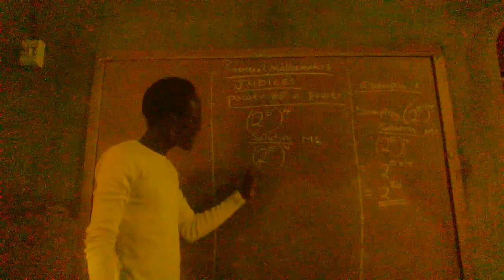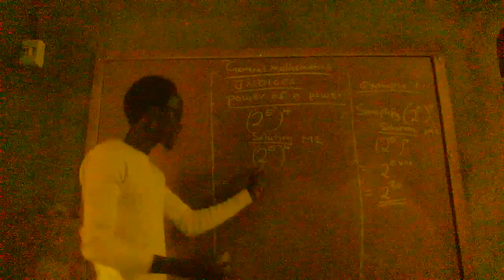Because we have a base which is 2, then we have a power, we also have an outside power, which makes us say power of a power. So now I'm going to multiply the base, which is 2, because it's raised to power 5, so I'm going to multiply the base 2 five times. Then I indicate this 4 as a power, so that you can make your life easy and comfortable.